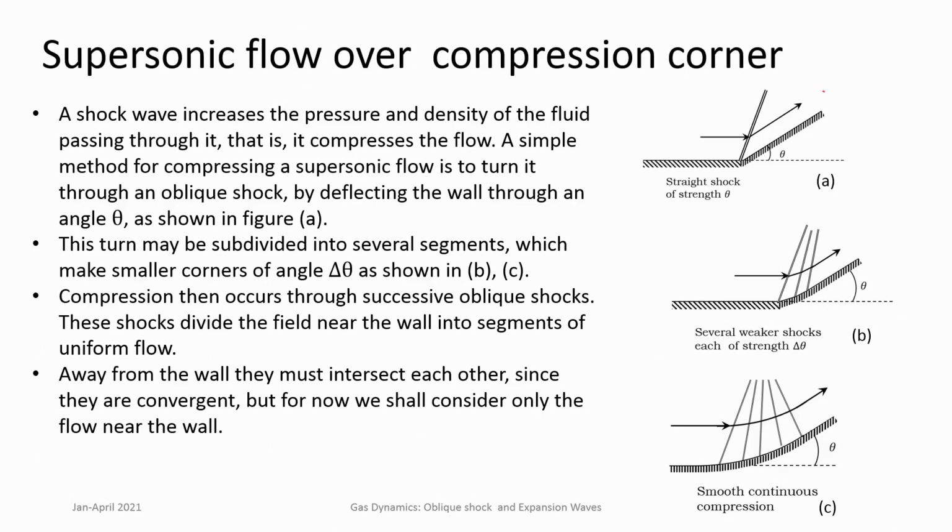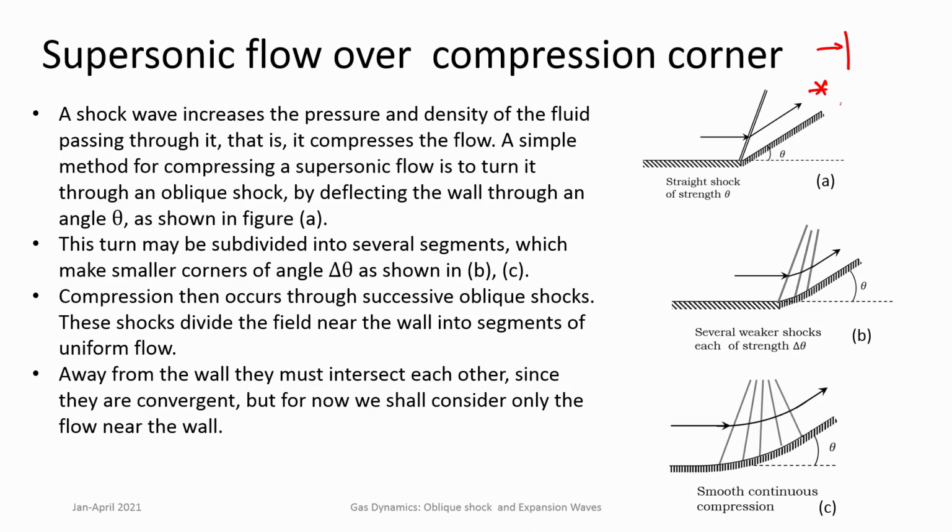This is what we had discussed earlier: when there is a sharp turn theta, an oblique shock is formed. Now, if you take the limits of the oblique shock, at the maximum limit the oblique shock can have an angle of 90 degrees to the flow, that is the normal shock. The flow deflection in this case is 0, that is absolutely normal.